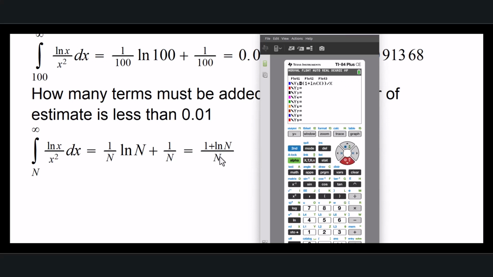Now we know that the value for y1 at 100 didn't work because that was just too big. So let's see here. We will say vars, y vars, function y1, and remember the 100 didn't work. It's 0.0561 approximately.